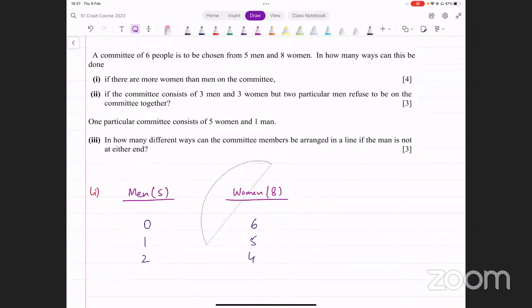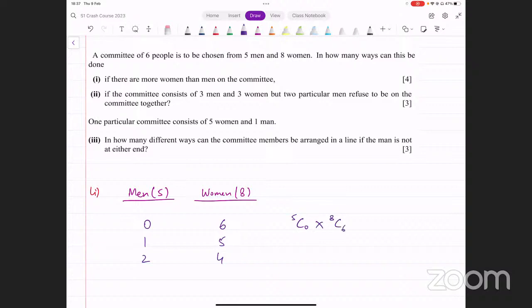All right. Now, how do you do the calculation? You're saying the first possibility is that there are 0 men and 6 women. So how do you select them? You have to select no men out of 5. So 5C0 and 6 out of 8 women.